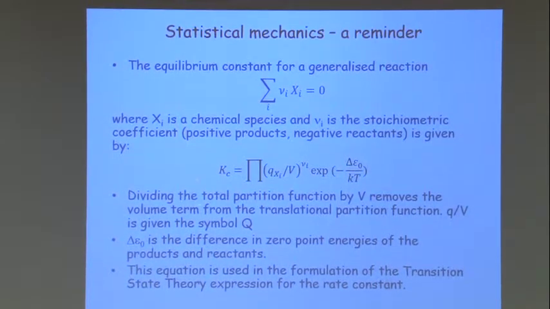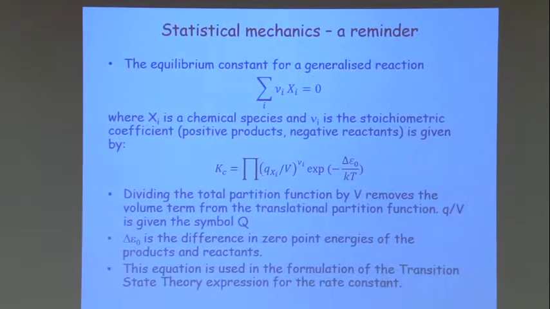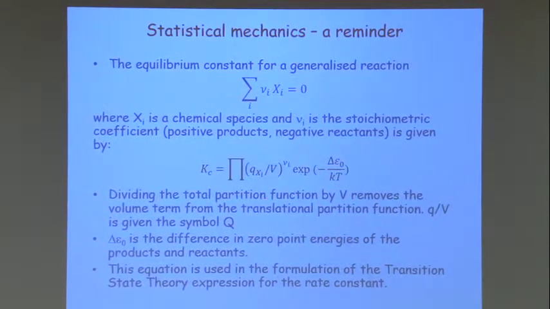And the equilibrium constant for that system is given by this expression here, where we've got the partition function for the ith species divided by the volume. If you remember, the volume is included in the partition function, but to get the equilibrium constant, we have to divide by it. And for Q over V, we use the symbol big Q. So this here is big Q. And delta E naught is the difference in 0-point energies of the products and the reactants.